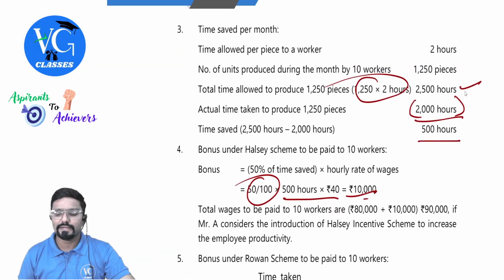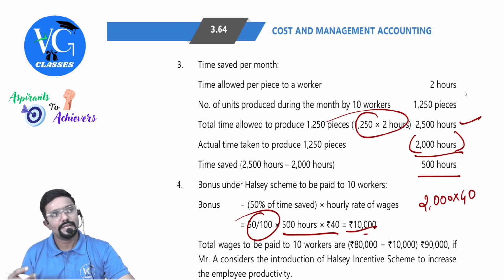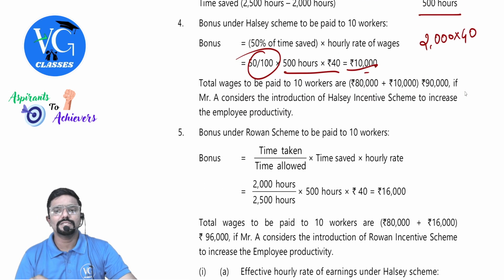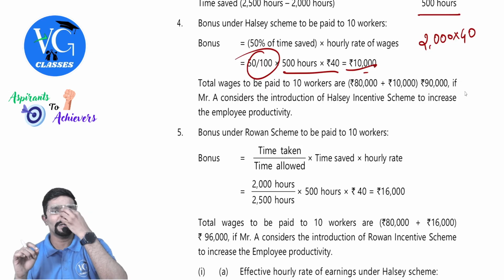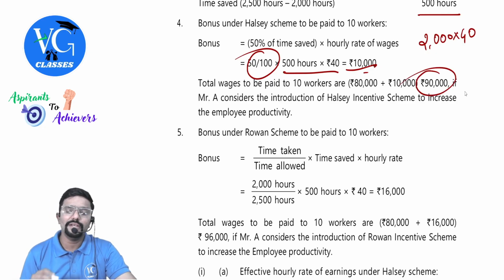Even if you calculate, sir, what is the actual hours worked? 2,000 into 40. How much? 80,000. So guaranteed wage, yes, sir. Then bonus how much, sir? 10,000. So total is how much? 90,000. If Mr. A considers the introduction of Halsey incentive scheme to increase the employee productivity, what will be the total payment?